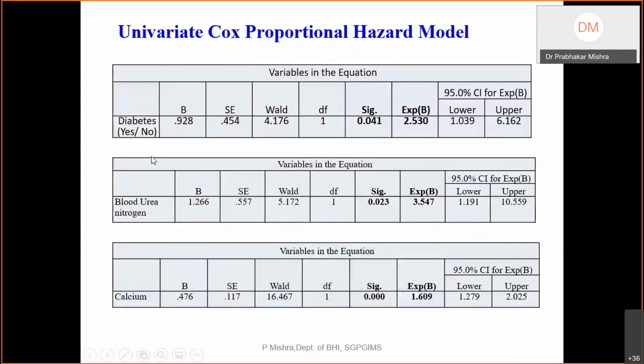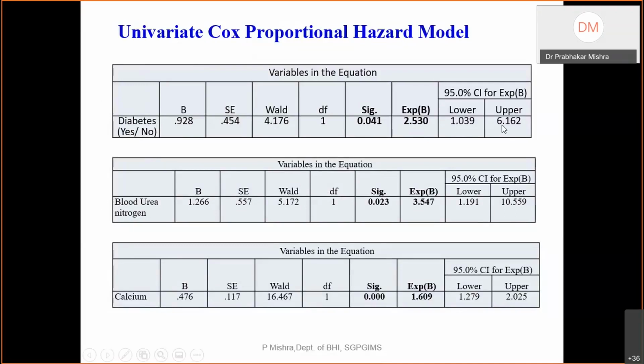See here, for diabetic patients the hazard ratio is 2.53, with lower limit, upper limit, and p value. It means a diabetic person has 2.53 times the chance of death as compared to a non-diabetic person. The p value is significant.